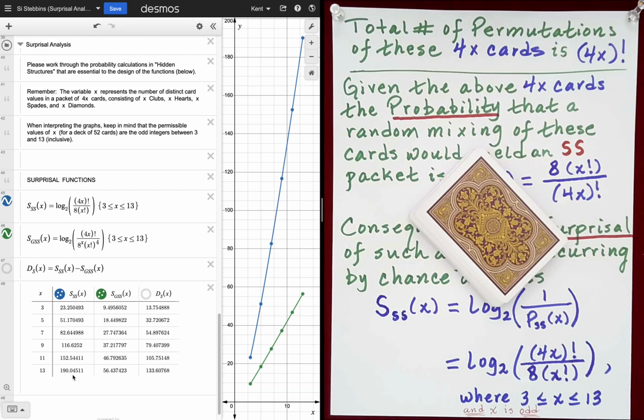So if you want to think about our coin tossing example, that's like tossing 190 coins high up into the air and then calling heads for all of them.